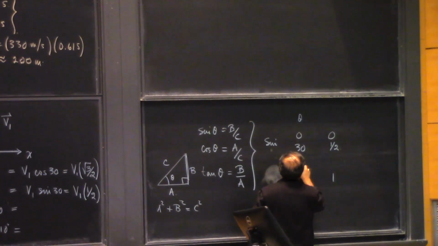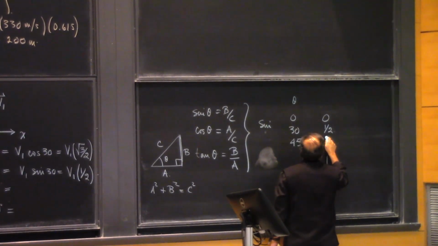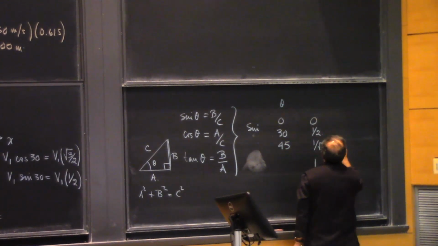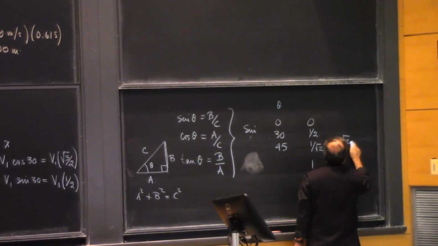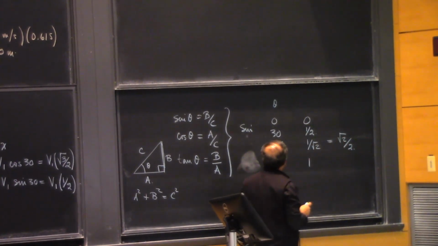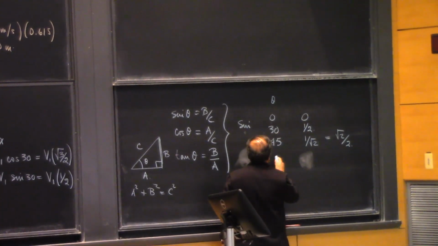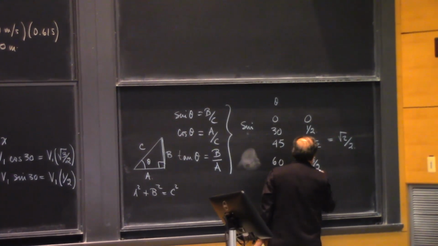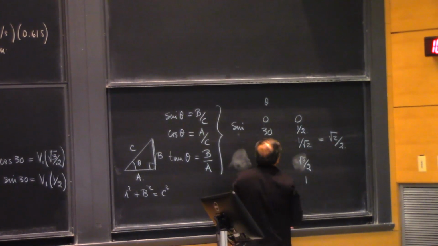Sine of 45 is 1 upon root 2. 1 upon root 2 can also be written, if I multiply upstairs and downstairs with root 2, as root 2 over 2. Sine of 60 is root 3 over 2, and sine of 90 is 1.